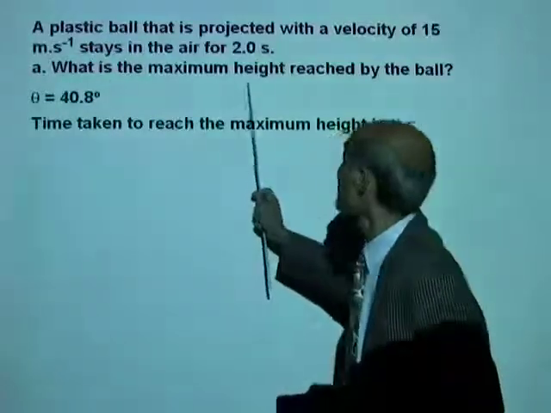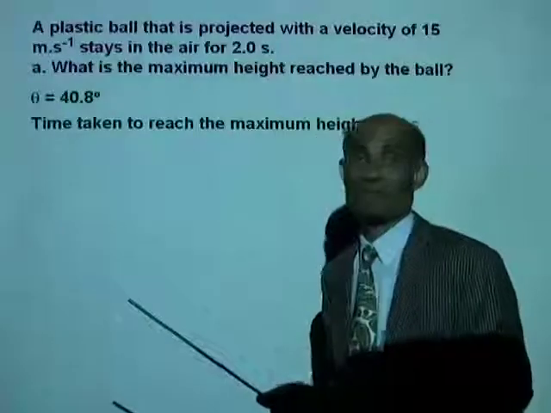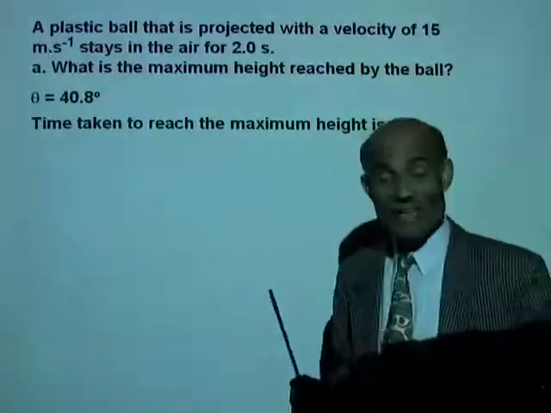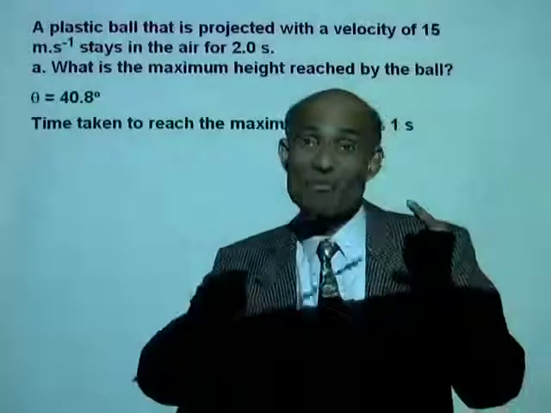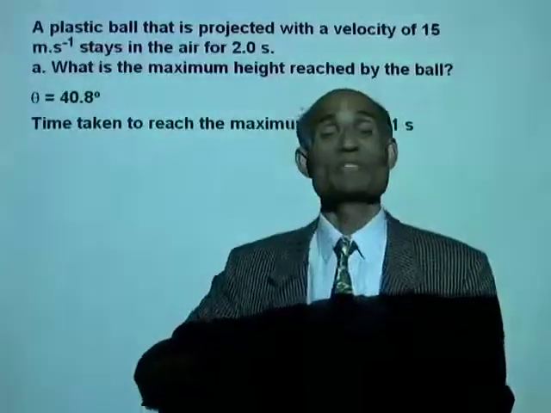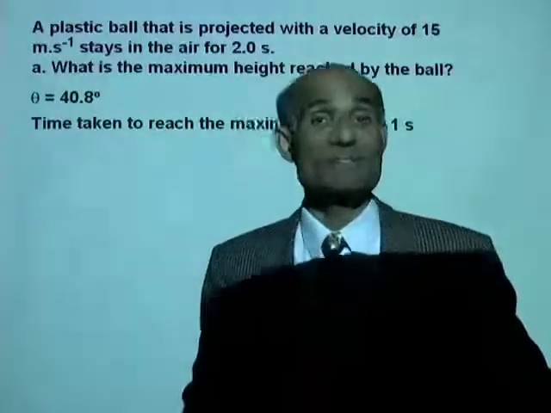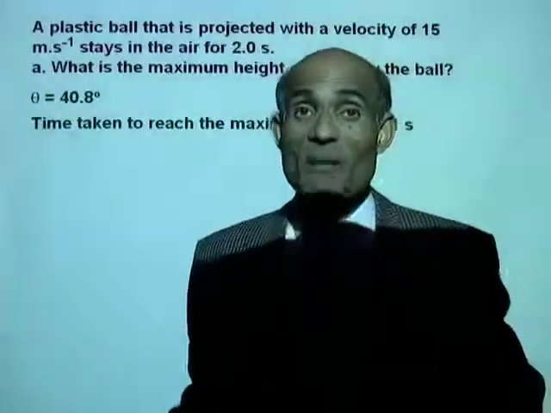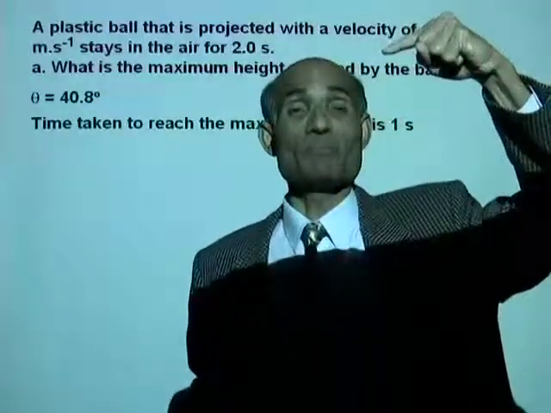What is the maximum height reached by the ball? Well, what is the time taken to reach the maximum height? If the time of flight is 2 seconds, the time taken to reach the maximum height is 1 second. Therefore, the maximum height is the y position at that time.